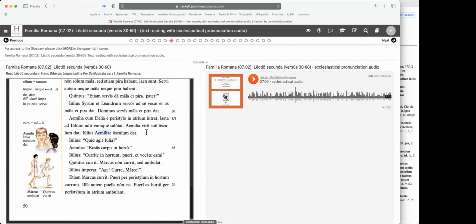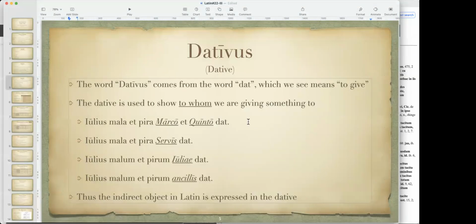Right. But if you think about it, let's go back to my example here and help poor Michael out. Let's pretend we think this is in the ablative, just for the heck of it. So Julius gives. Well, if that's ablative, he didn't give those.